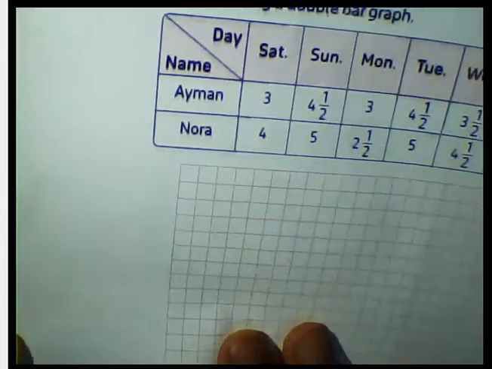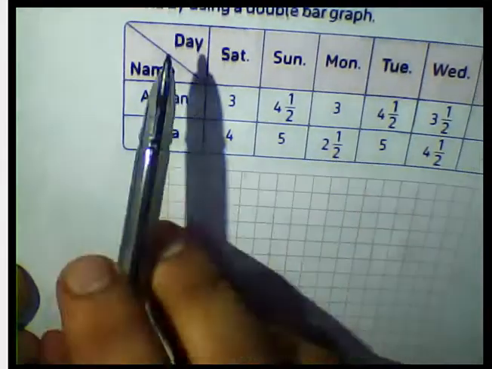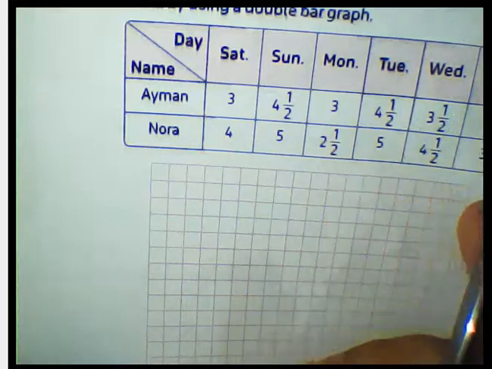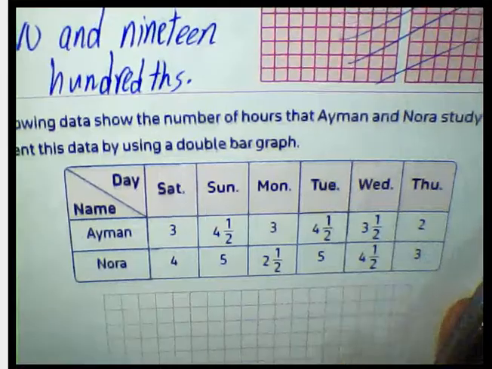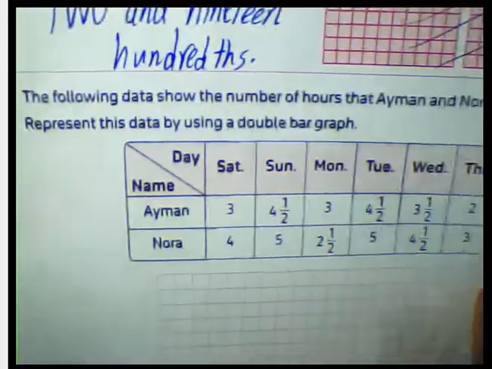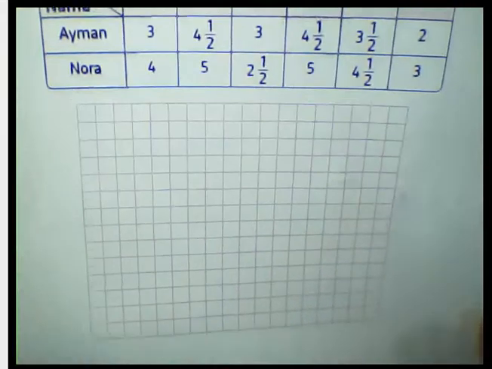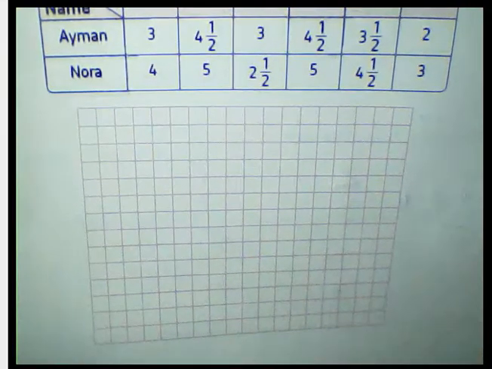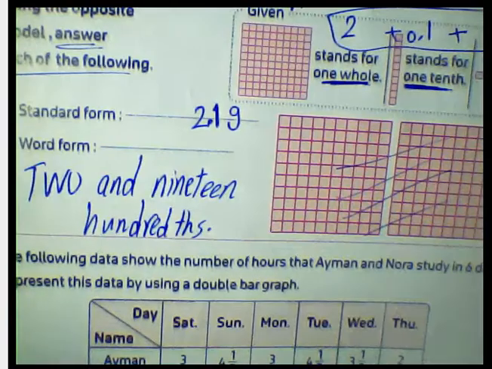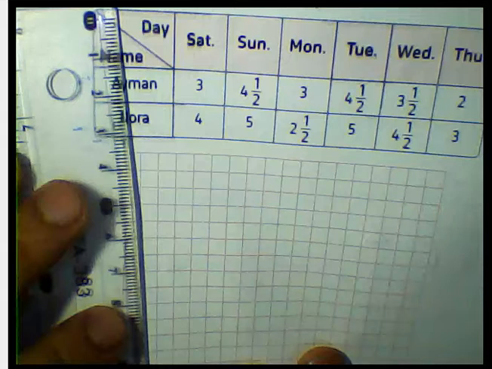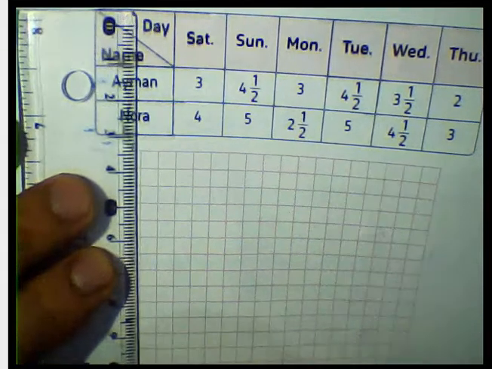What about this question? The following data show the number of hours that Ayman and Nora study in 6 days. Represent this data by using a double bar graph. Can you draw it here? You can draw with a ruler. We will draw horizontal and vertical axes.